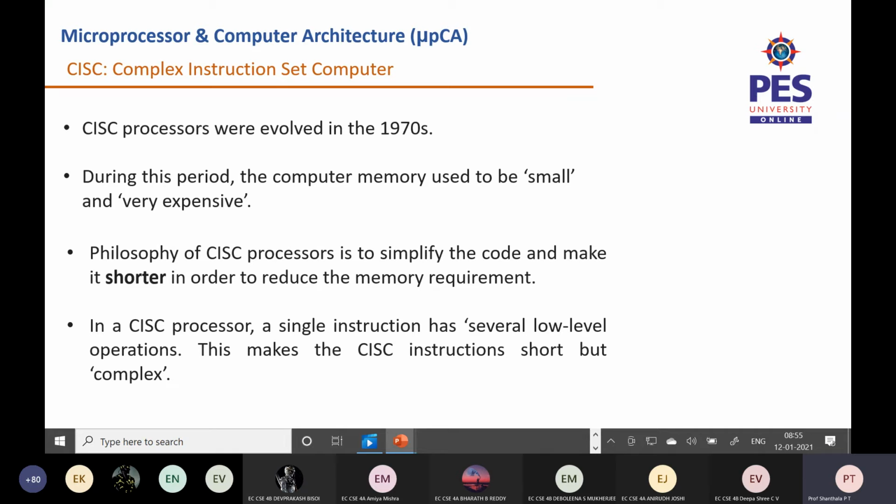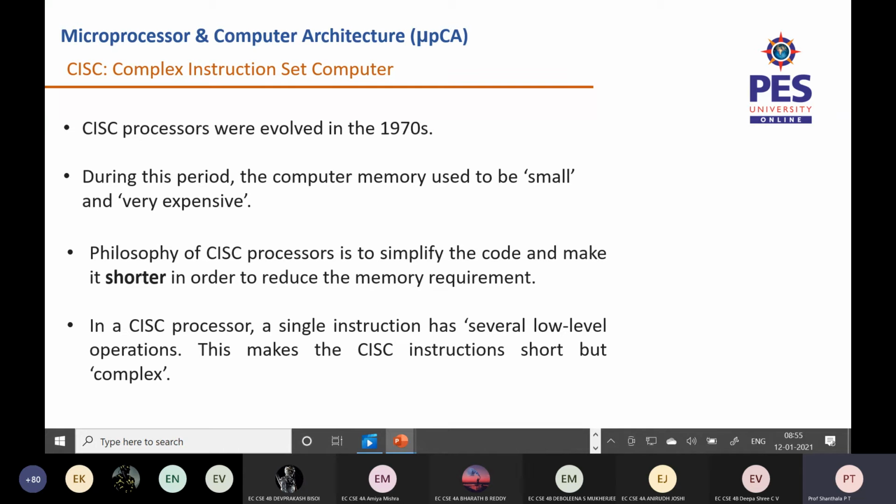How is this instruction executed? Before executing this, we'll understand the philosophy of the CISC processor. CISC processors evolved in the 1970s, when memory was small and expensive.